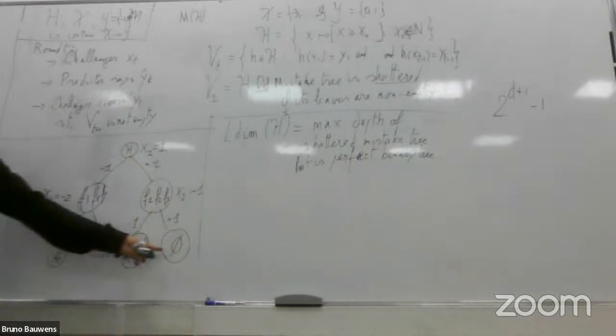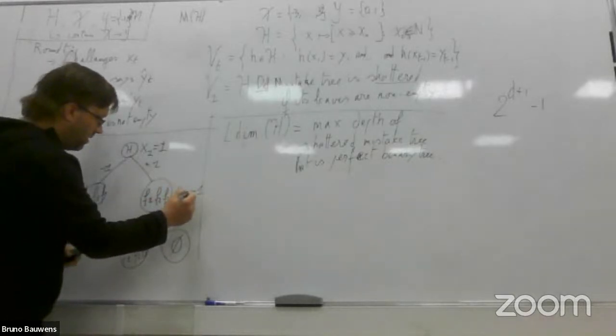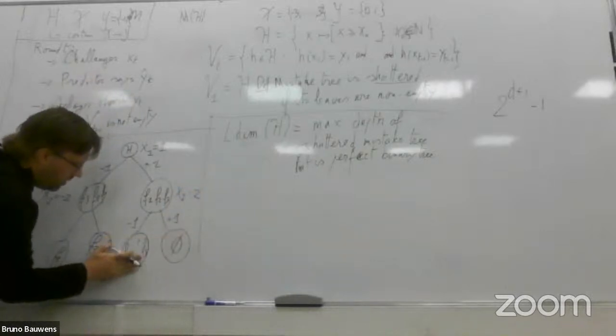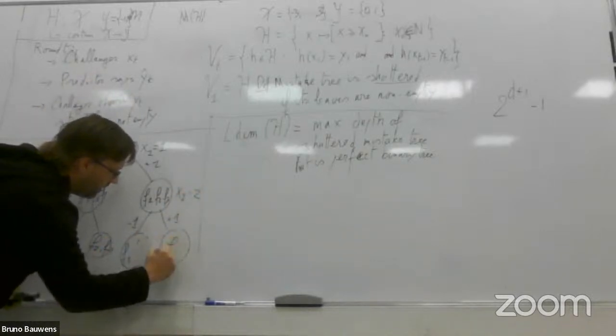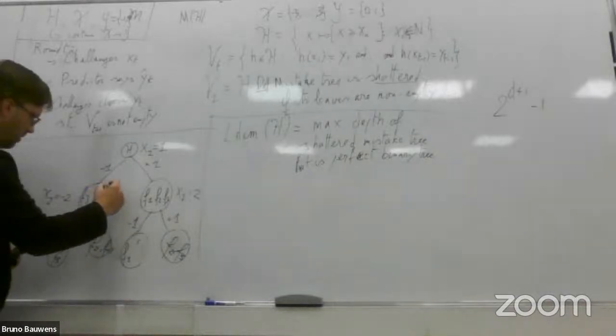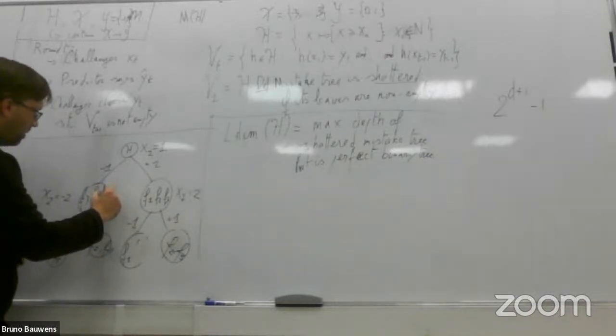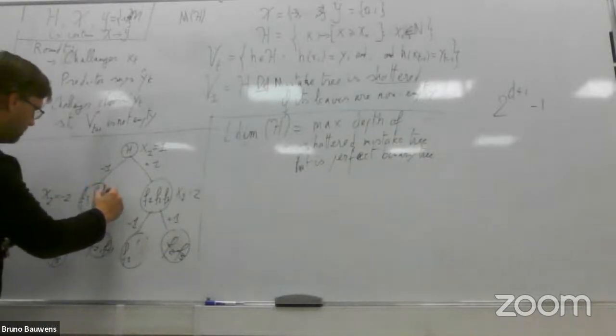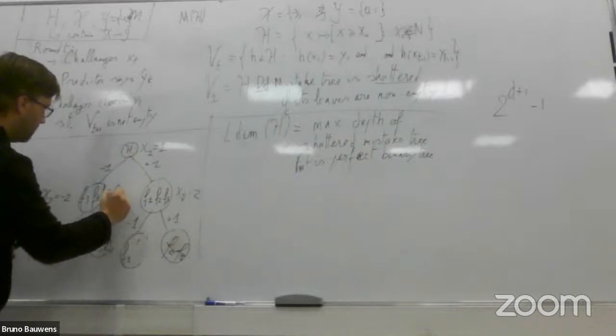Here it's not the case, so let us choose x equal to 2. Then here we have f1, and here we have f2 and f3. f0 disappeared.